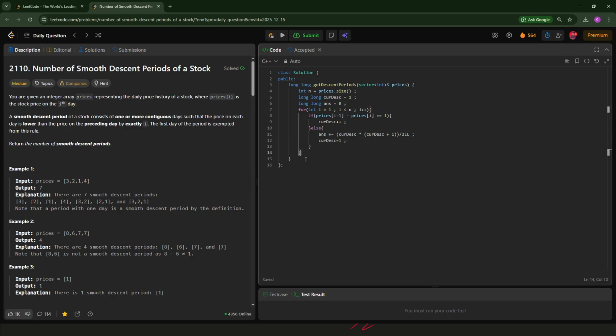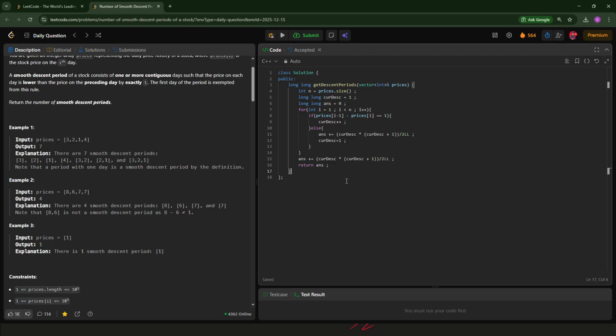This will do the job, and we need to return the answer, right? But before that, after we do everything, we need to add this thing again, and I'll explain why. In the previous example, imagine you have 5, 4, 3, 2, 1 at the last. This statement will never be executed in that case, because imagine you are at 5.